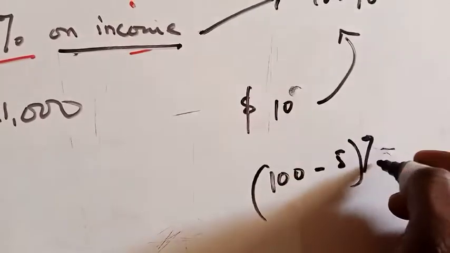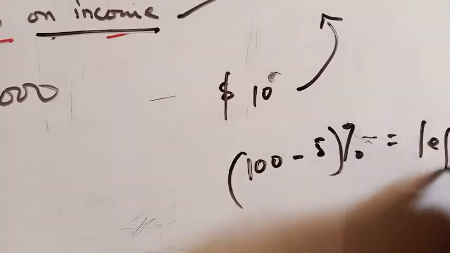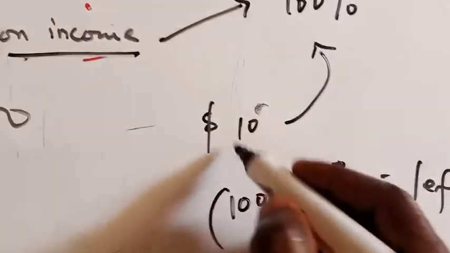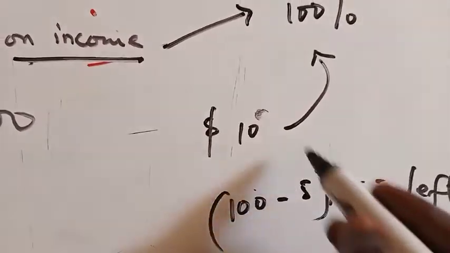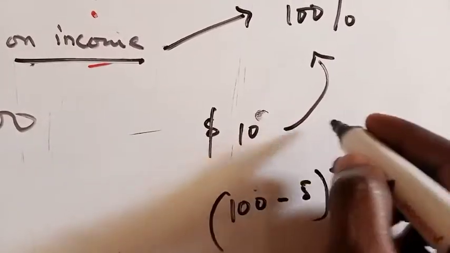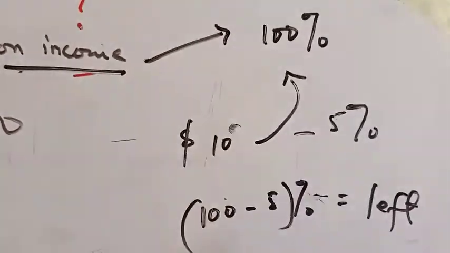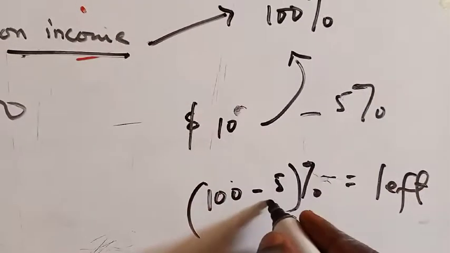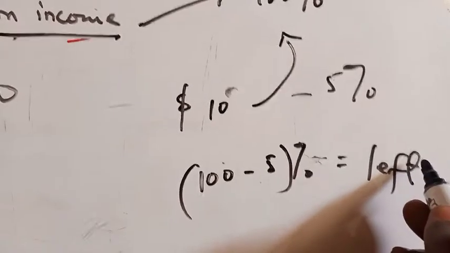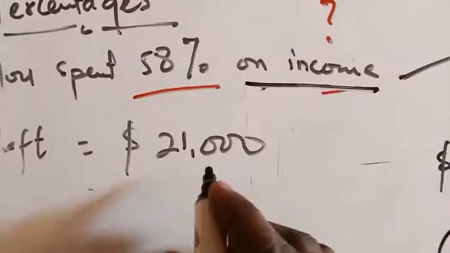This is what is equal to what is left, because the original amount is equal to 100%, and then you are spending 5% out of this amount. We are going to use this idea in solving this problem.